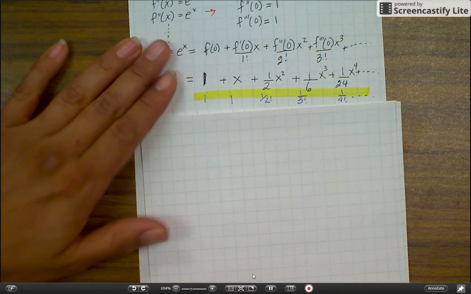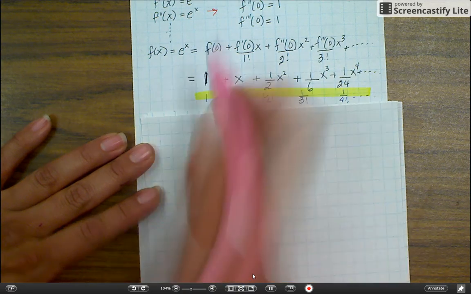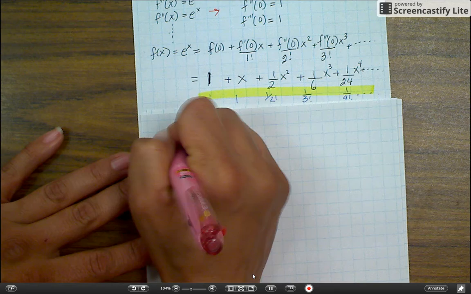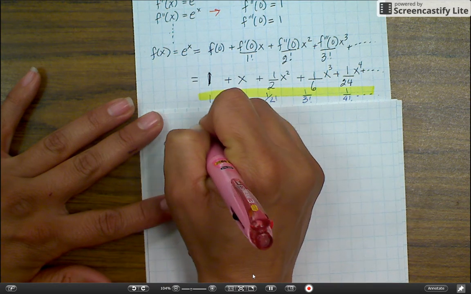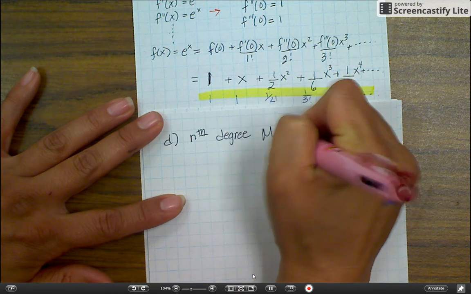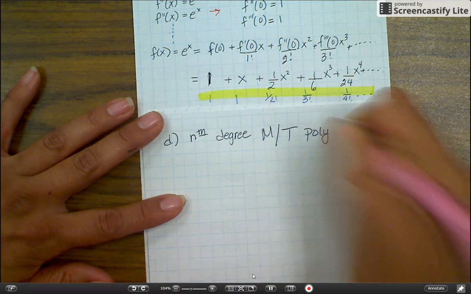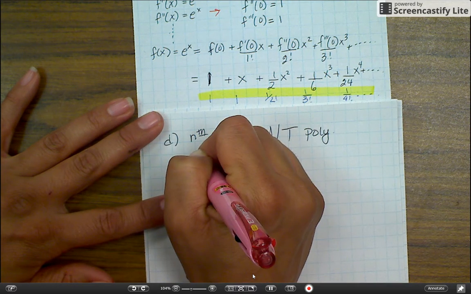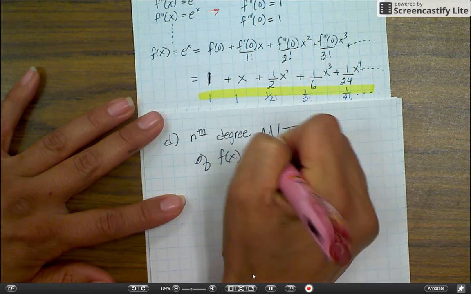If they ask for, let's make a part C. Oh, let's make a part D. Let's say they ask for the nth degree Maclaurin or Taylor, it doesn't matter, polynomial of f of x equal to e to the x.